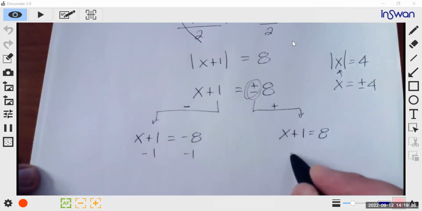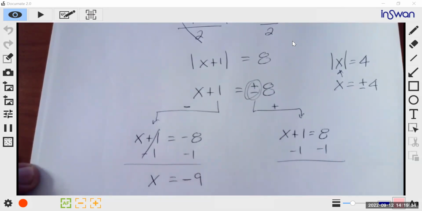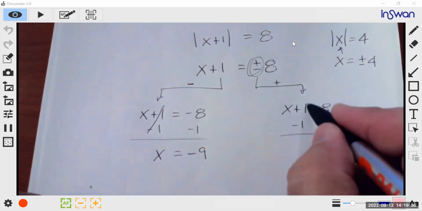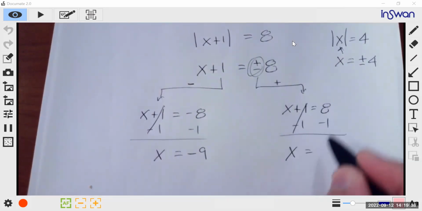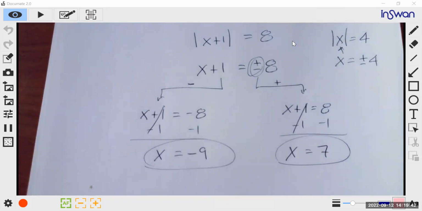Subtract 1 from everybody. x is equal to negative 8 minus 1 is negative 9, and 8 minus 1 is 7. These are my 2 answers. And you can test them by putting both of these inside the equation, and you'll get a solid answer both ways.